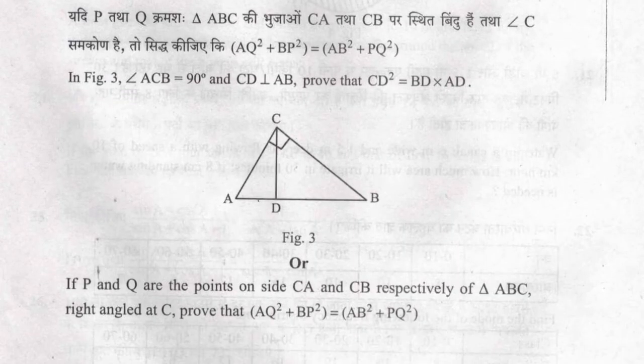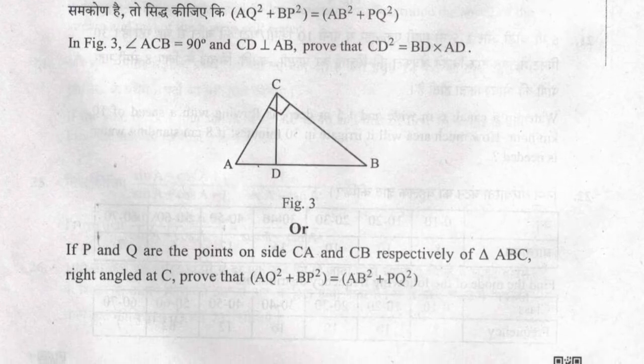Now, the 19th question. In this, we are given a figure of triangle in which angle ACB is equal to 90 degree and CD is perpendicular to AB. We need to prove that CD square is equal to BD into AD.